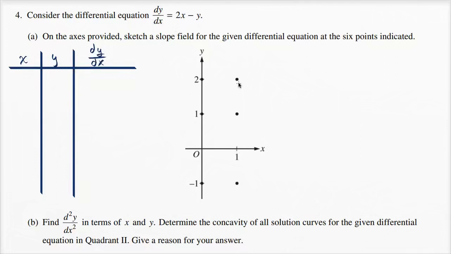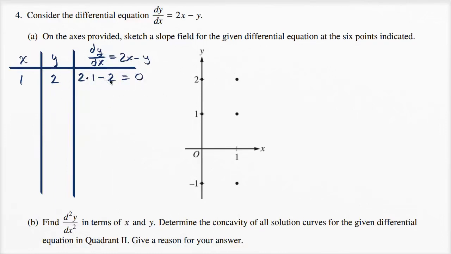This point right over here, when x is 1 and y is 2. Well, the derivative, they tell us, is 2x minus y. So it's going to be 2 times 1 minus 2, which is equal to 0.